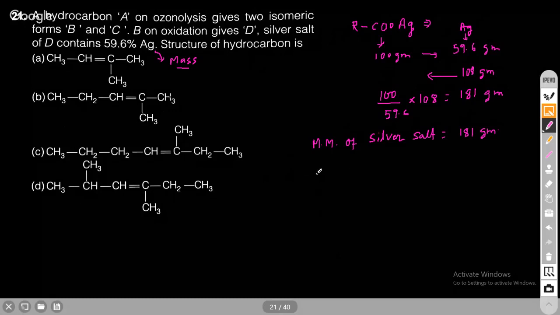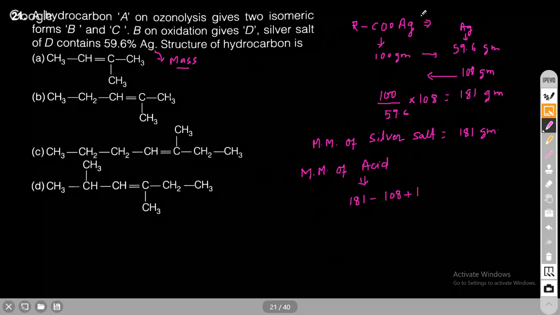Now if I try to find the molecular mass of the acid from which the silver salt has been formed, that would be the molecular mass of silver salt minus the molecular mass of silver, plus 1.